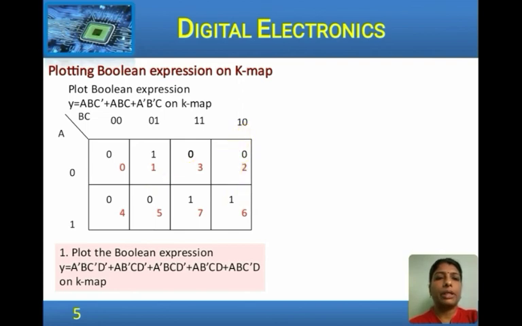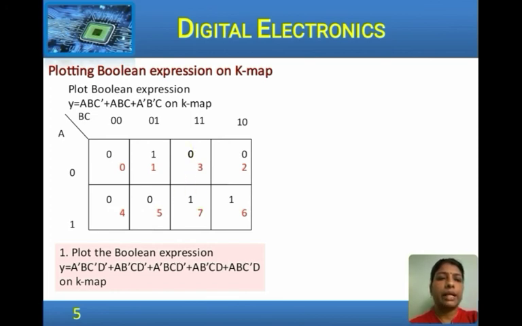For the variables or min terms that are available in the function, put their values as equal to 1 in each of the cells. Next, A, B, C, that is 1, 1, 1, is this row and this column. So, this cell has a value of 1.